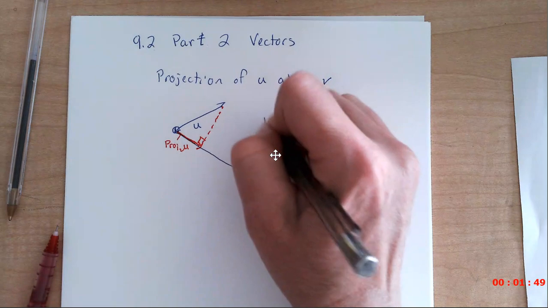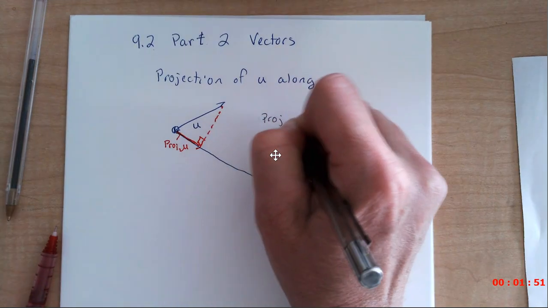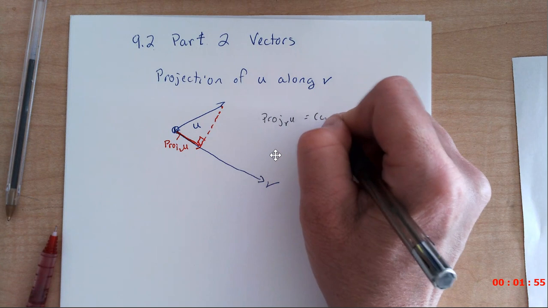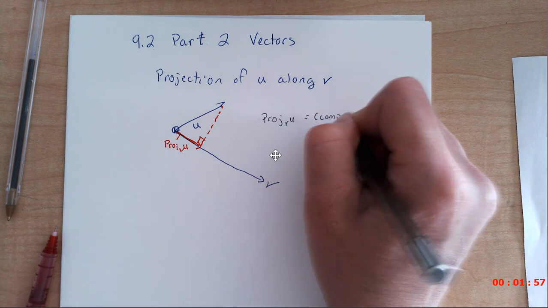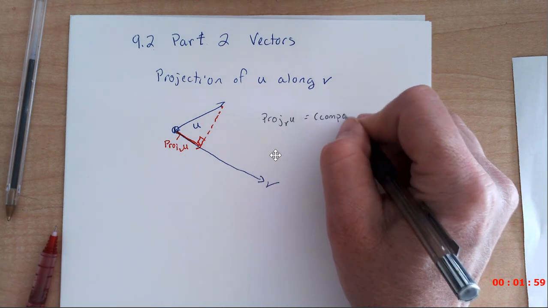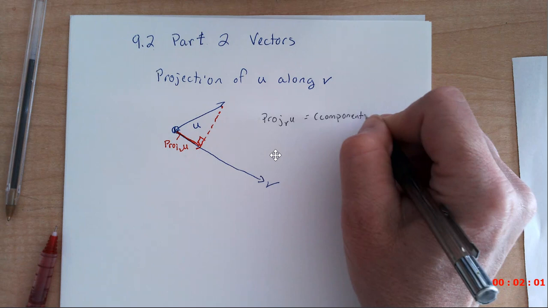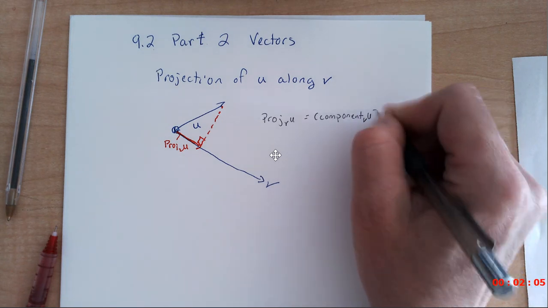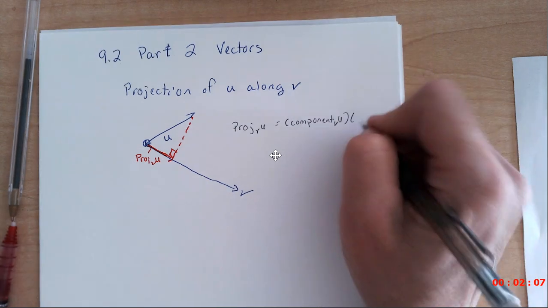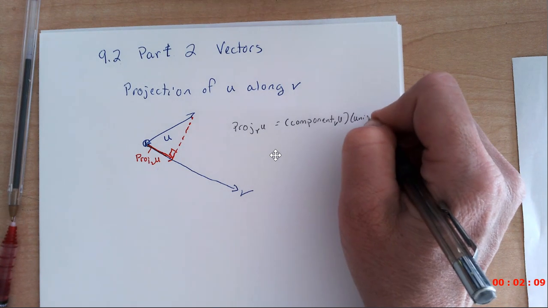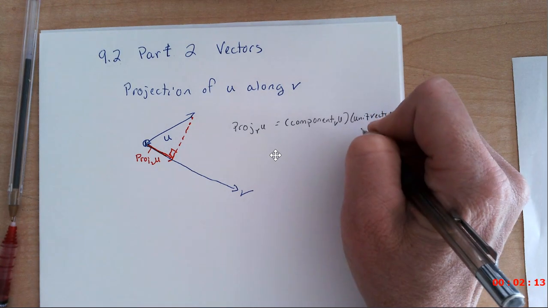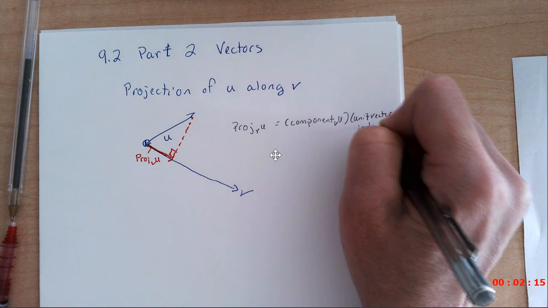So algebraically, the projection of u along v would be the component. Remember that the component is a scalar of u along v multiplied by a unit vector in the direction of v.